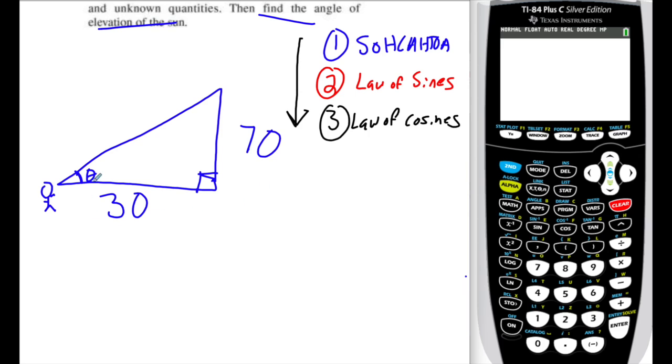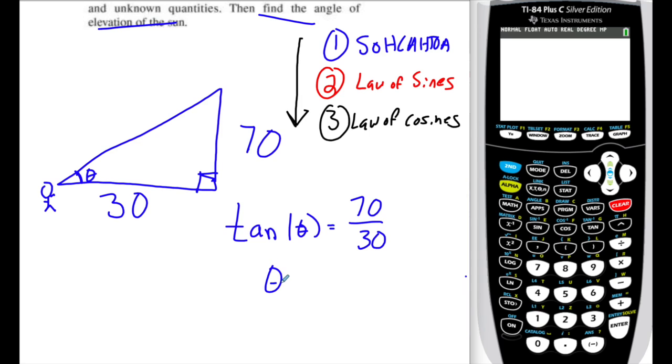So here we want to use SOHCAHTOA. We know that sine of the angle is opposite over hypotenuse, cosine is adjacent over hypotenuse, and tangent is opposite over adjacent. So what we would use here is we would start by noting that the tangent of the angle is equal to its opposite over its adjacent.